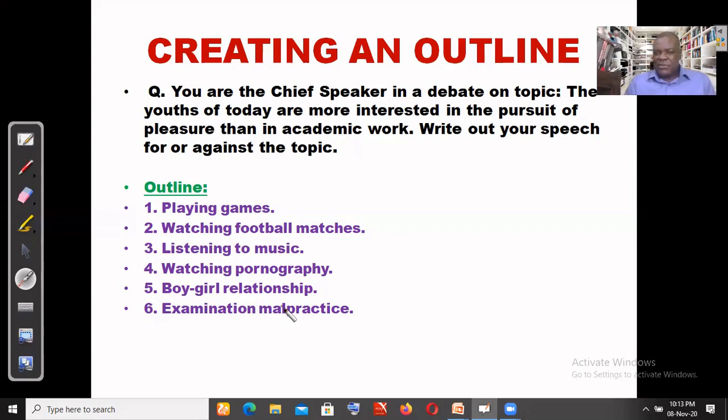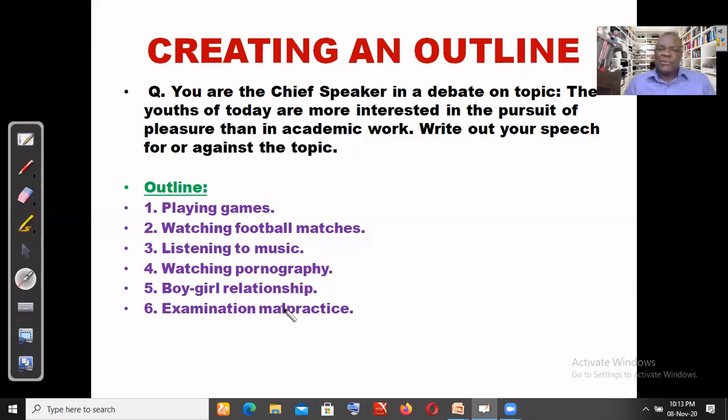Now, that is planning. You don't want to start writing your essay or your article or your speech, and then all of a sudden you go blank. You see, if you fail to plan, you plan to fail.